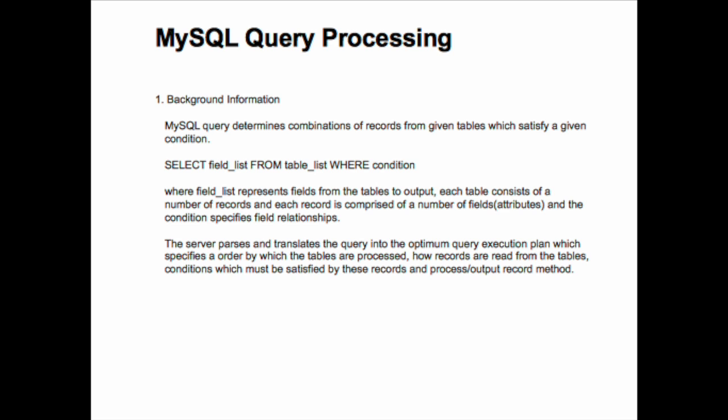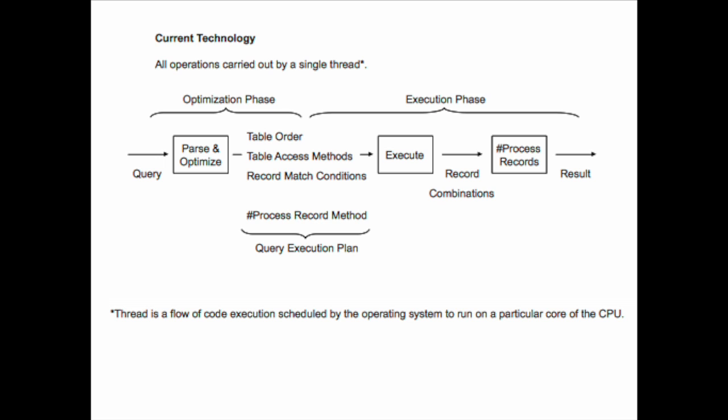And this is how it's done currently. Current technology takes the query and feeds it into parse and optimize, and what you end up with is the query execution plan. This tells you in which order you're going to join tables, then how you access tables, the table access method, then for each record, the conditions that record has to match.